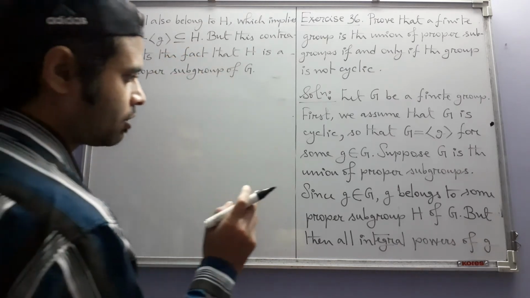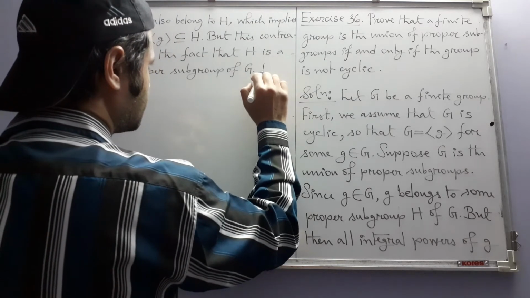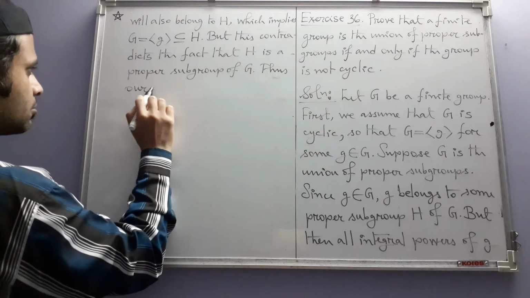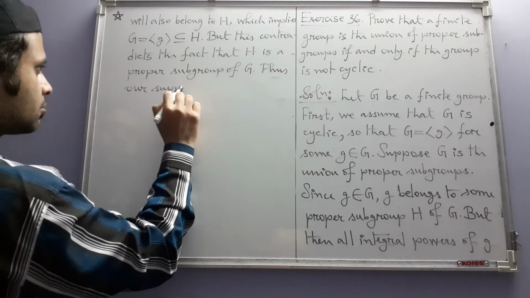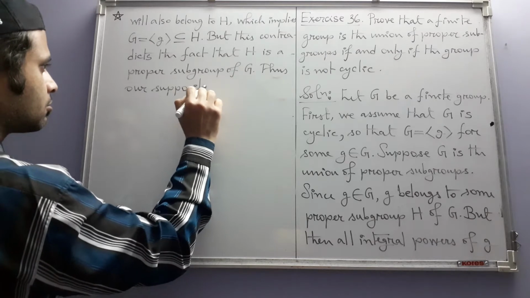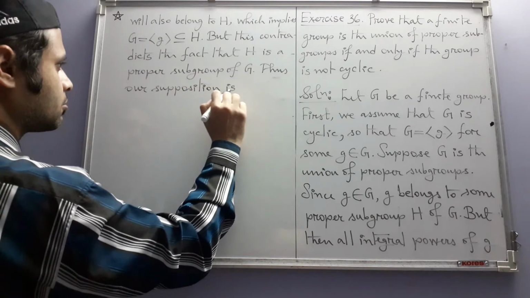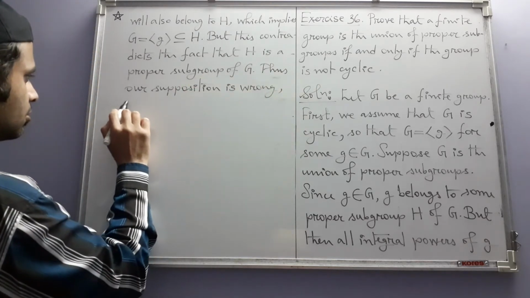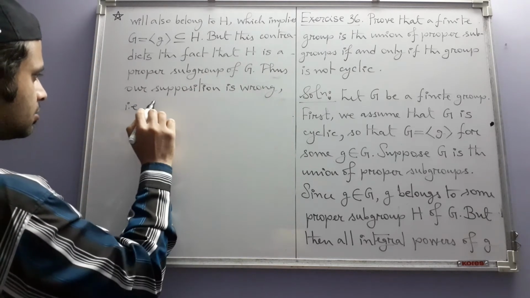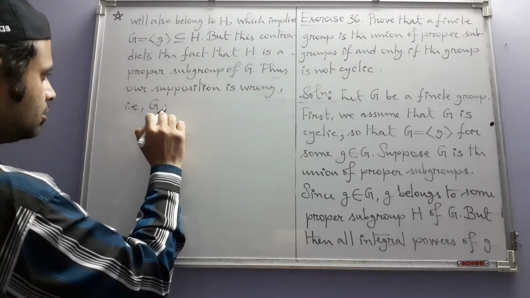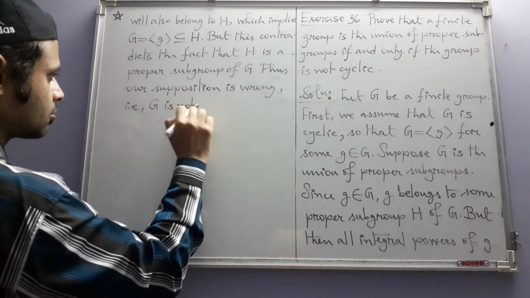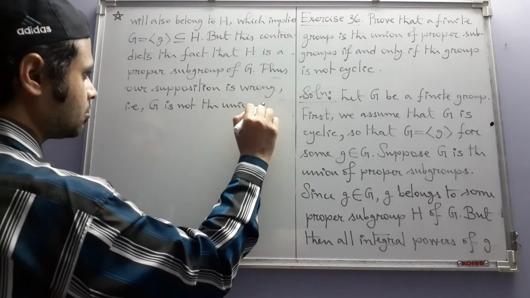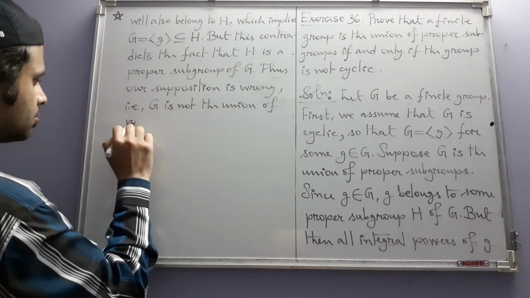So that's why our supposition is wrong. Thus our supposition is wrong. That is, G is not the union of proper subgroups.